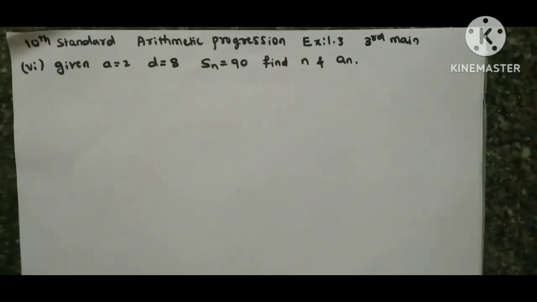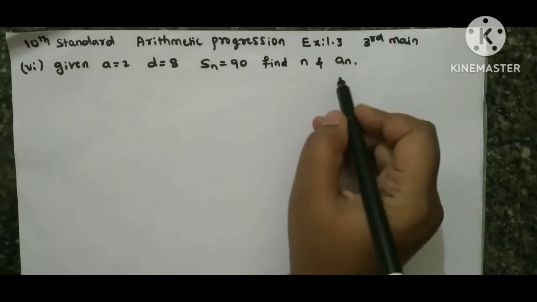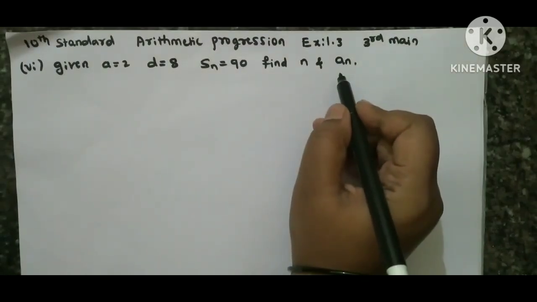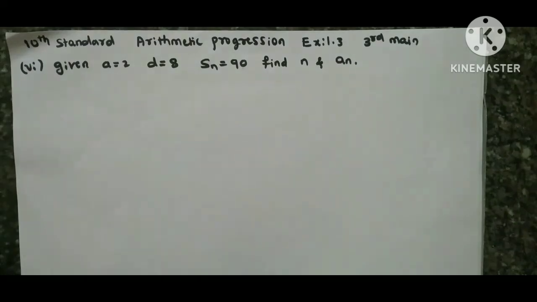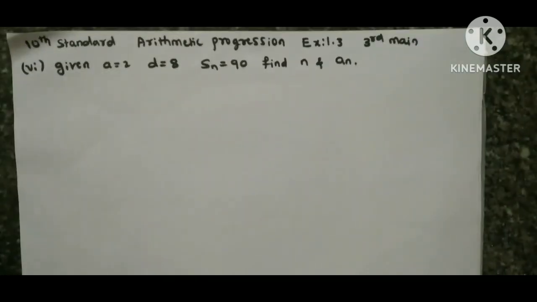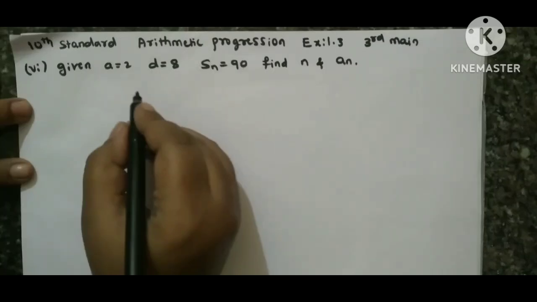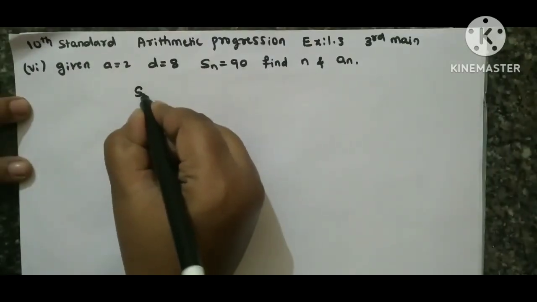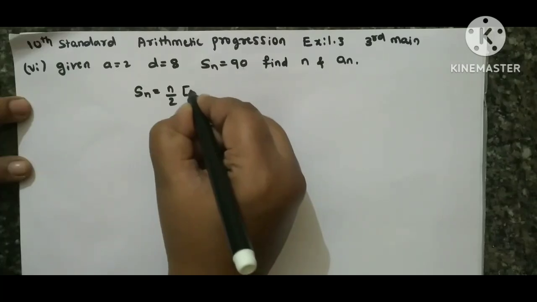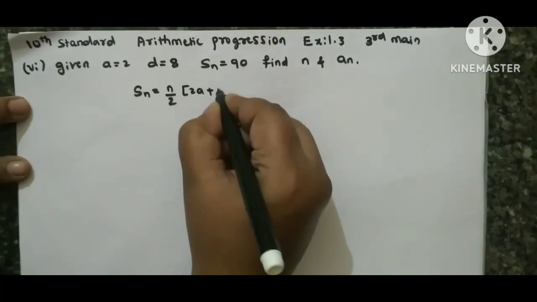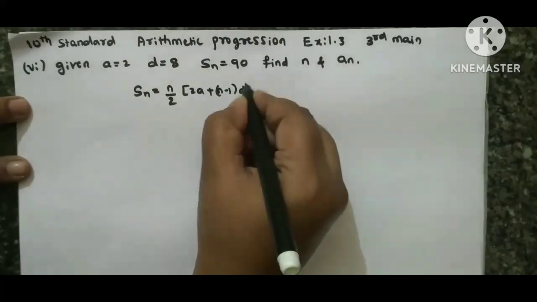Using the Sn formula, we'll find n first, then we have to find an using the an formula. The an formula is a plus n minus 1 into d. Now we will write the Sn formula and find the n value first. The Sn formula is Sn equal to n by 2 into 2a plus n minus 1 into d.